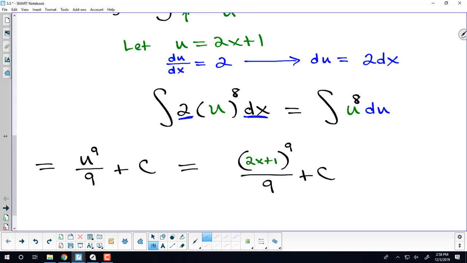And that's our answer. So of course we could check, right? Is the derivative of this thing in the box 2 times 2x plus 1 to the 8th power? Yes.